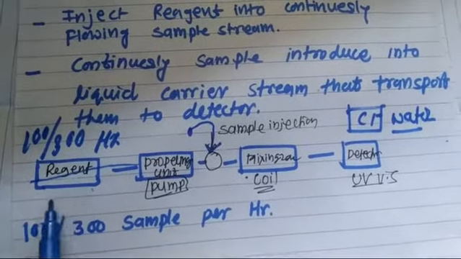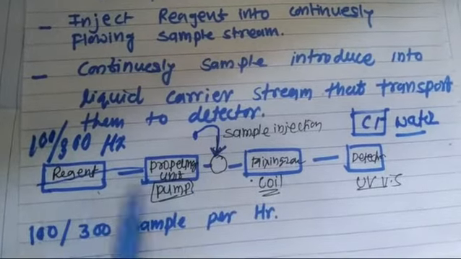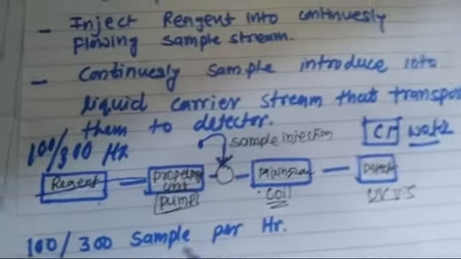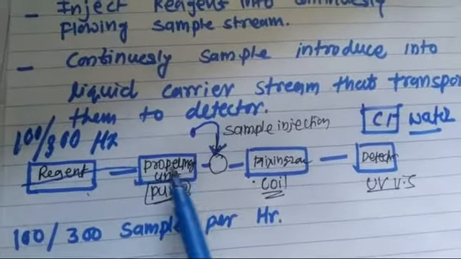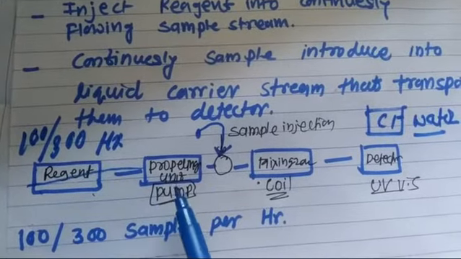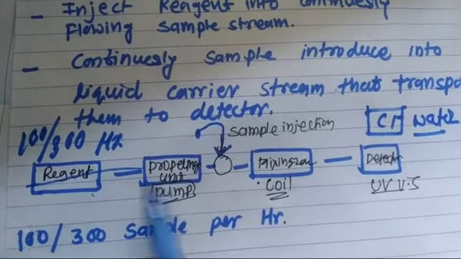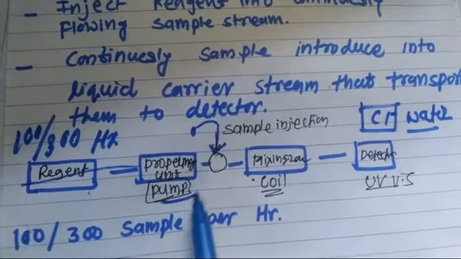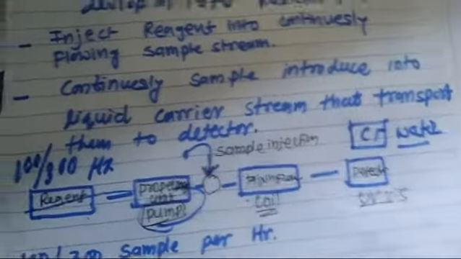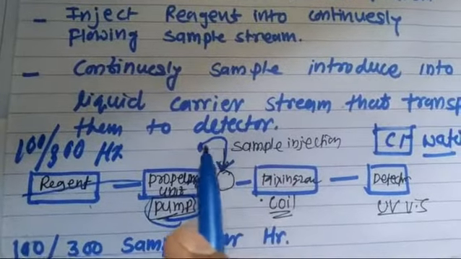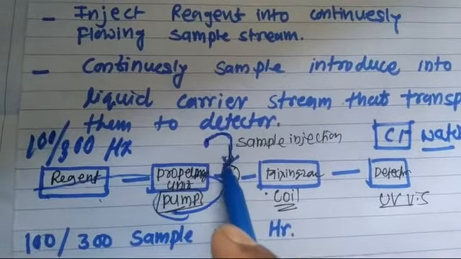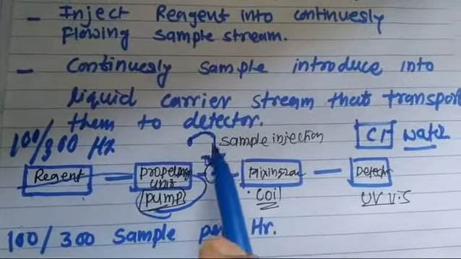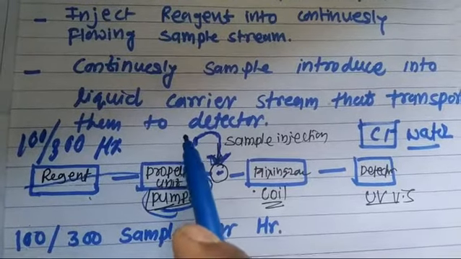That is the flow injection analysis. In this system there is continuous flow. As the propelling unit, we use a peristaltic pump. The reagent flows continuously using the peristaltic pump. From here, at regular intervals, the water sample comes from the reservoir.